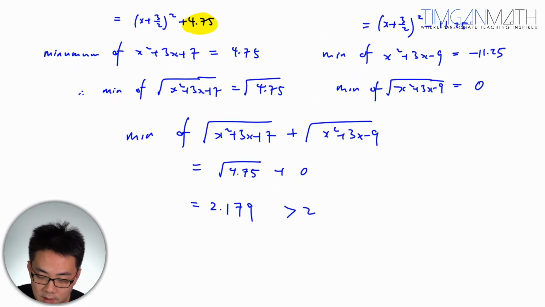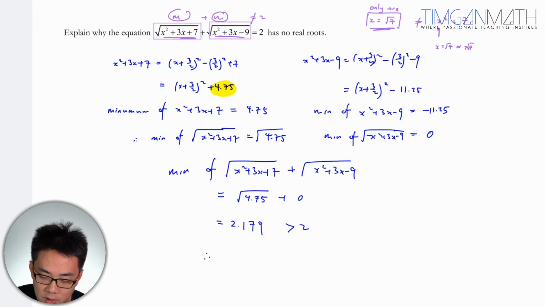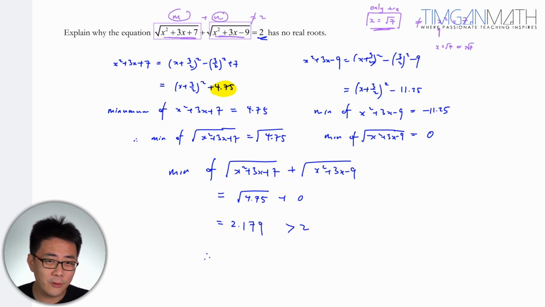So hence, this is more than 2. In other words, this expression minimally will be 2.179, and both are positive. So you will never get 2 as a root. That's the explanation behind it.